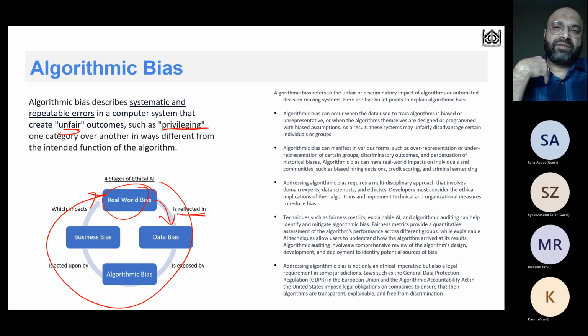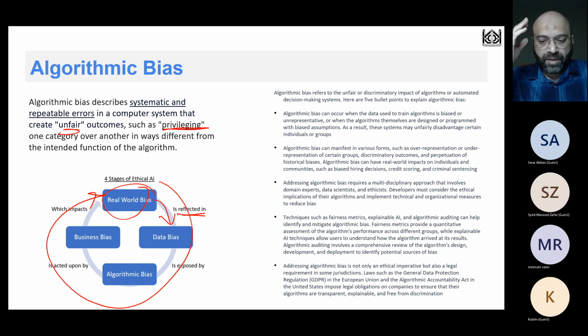If I have a bias on that ethnicity, be it a negative prejudice or something very positive, and I write an algorithm while keeping that negative prejudice in my mind, that bias will automatically transform into the data.